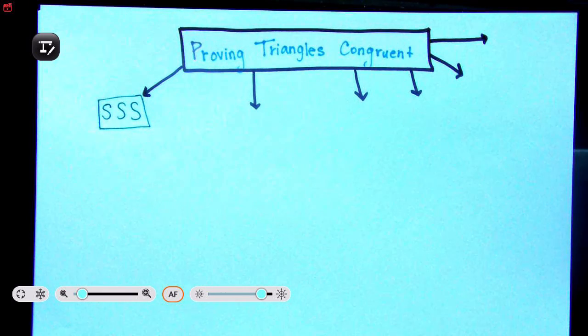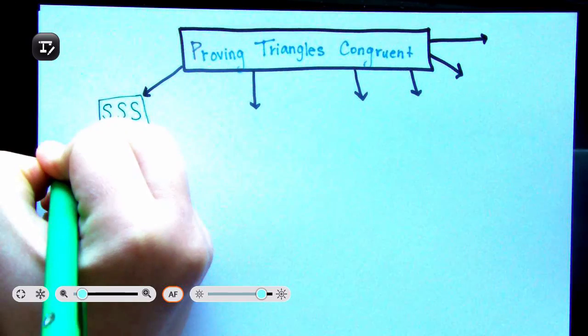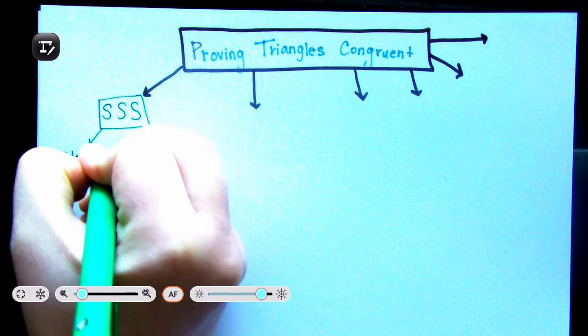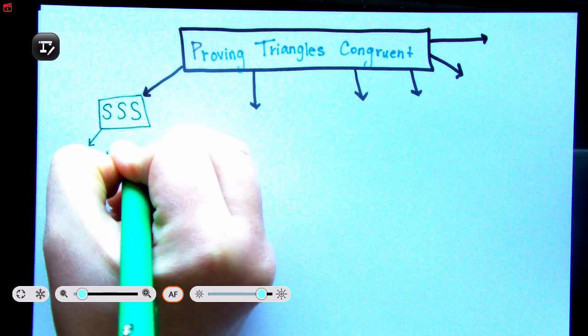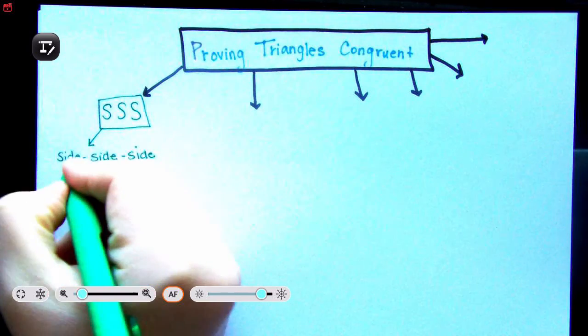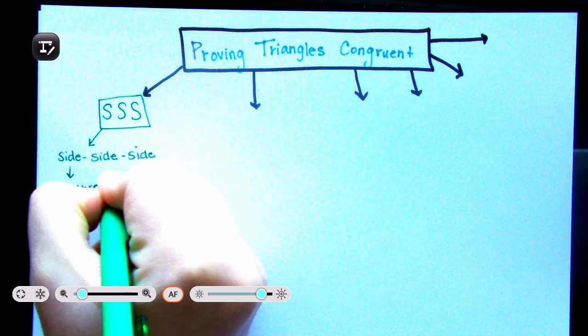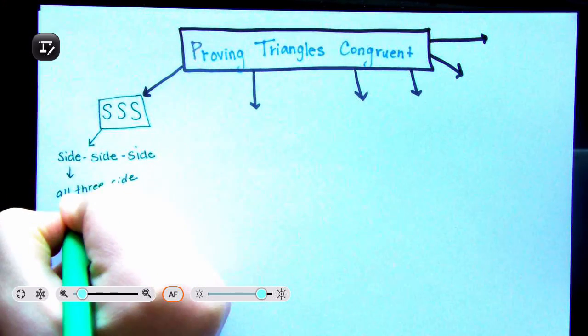Like an S. So one way to prove that triangles are congruent is by S, and what that really stands for is side, side, side. Again, mathematicians are lazy, so we're not going to say side, side, side. We're going to say S. What that means is all three sides are congruent.